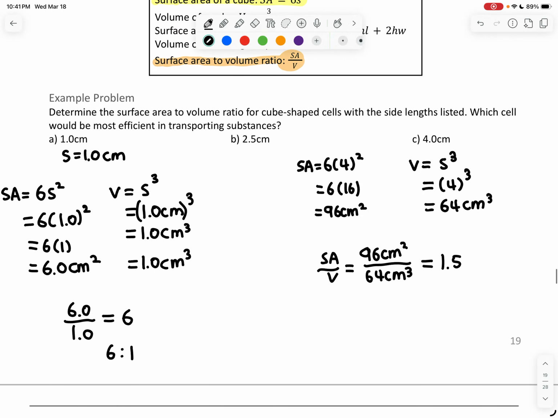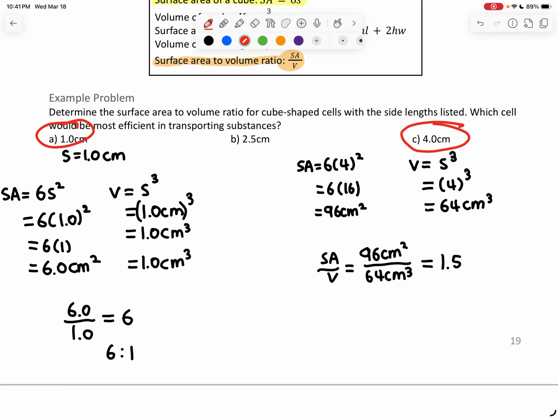So if we are comparing A to C, for A we got a 6-to-1 ratio, or in other words, we can just say 6. For C, we got 1.5. So because A is bigger than C, we just say that if you have a 1 centimeter side, your cell transport will be a lot more efficient.